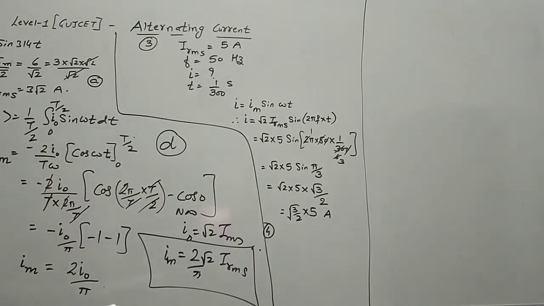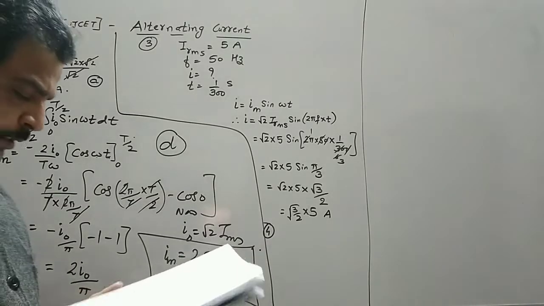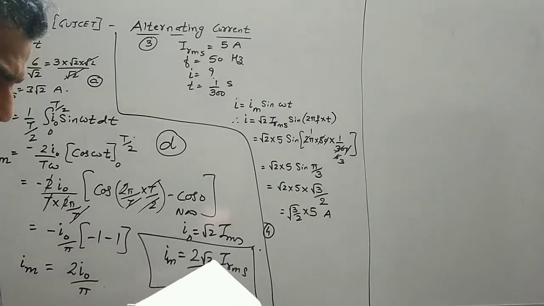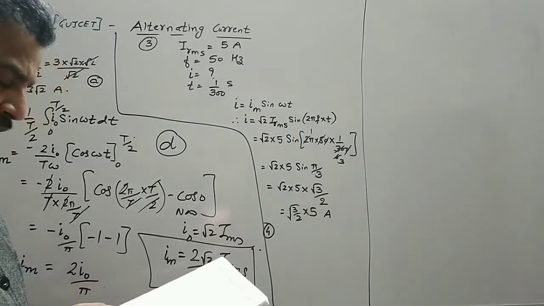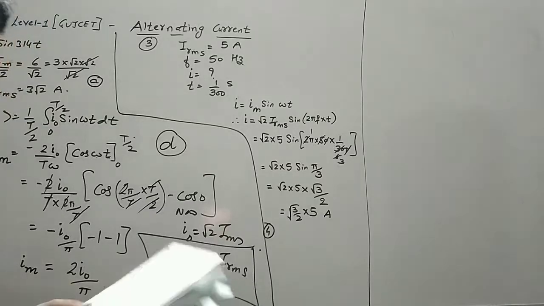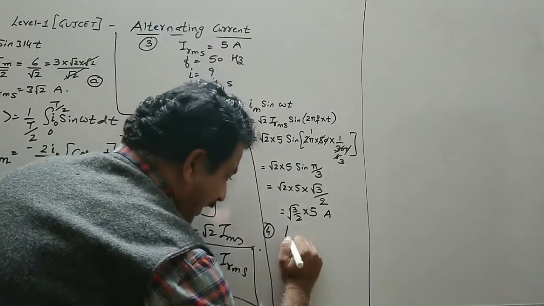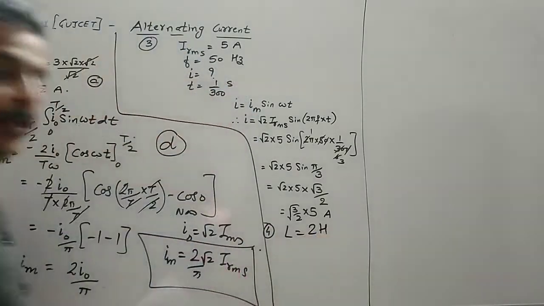MCQ number 4. An AC circuit consists of only an inductor of inductance 2 Henry. So we have L is equal to 2 Henry.